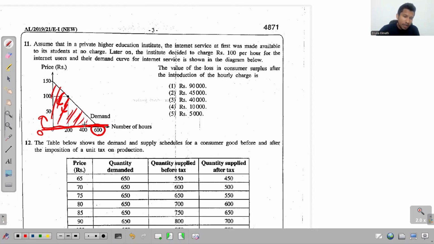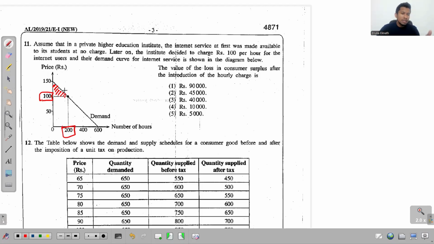So this whole triangle presents the consumer surplus in the initial situation. But after introducing this 100 charge, the price paid by the consumer is 100 and the quantity traded in the market is 200, and the region below the demand curve above the market price up to the quantity traded in the market.